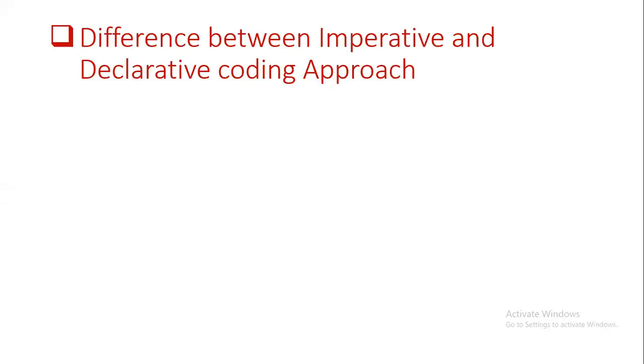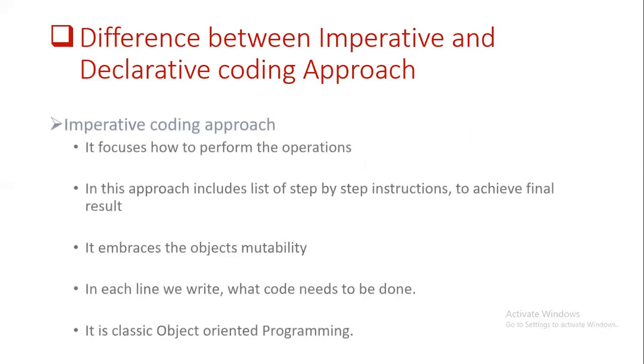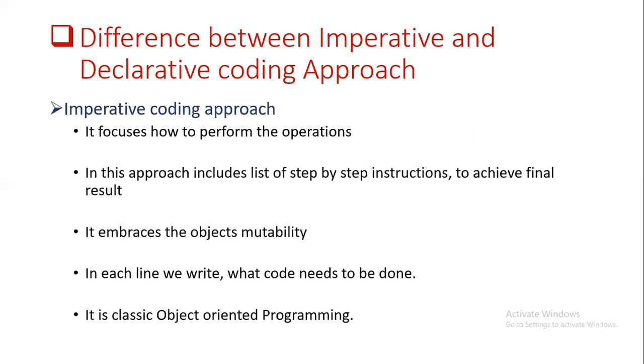So, the difference between imperative and declarative coding approach. The imperative coding approach just focuses on how to perform the operations. This approach includes a list of step-by-step instructions to achieve the final result. In the imperative coding approach, we write many lines of code.